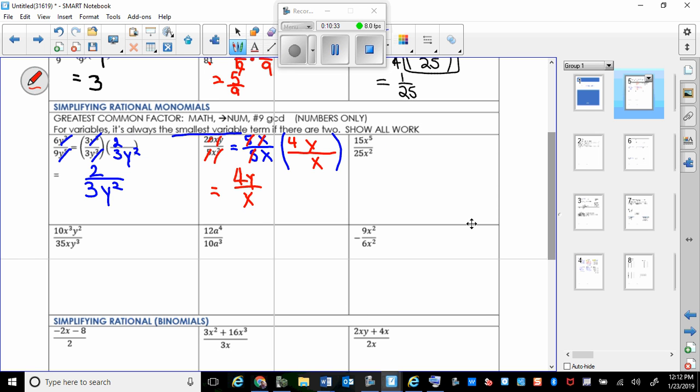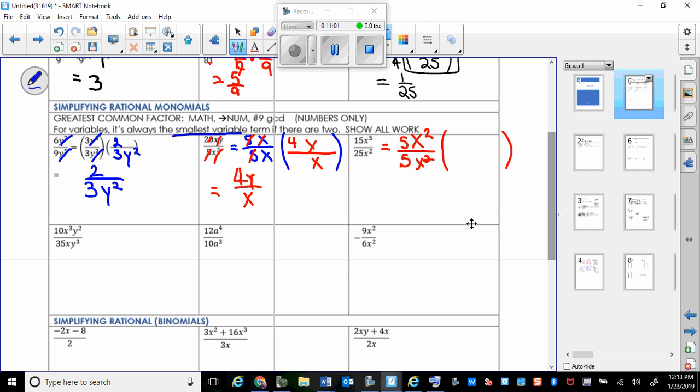Next, 15 and 25. My greatest common factor here is 5 on the top and 5 on the bottom. I'm using the smallest variable term. So I have x to the 5th on the top, x squared on the bottom. So I'm going to say x squared on the top and x squared on the bottom to create my greatest common factor. Now inside is going to be my simplified version of this rational.